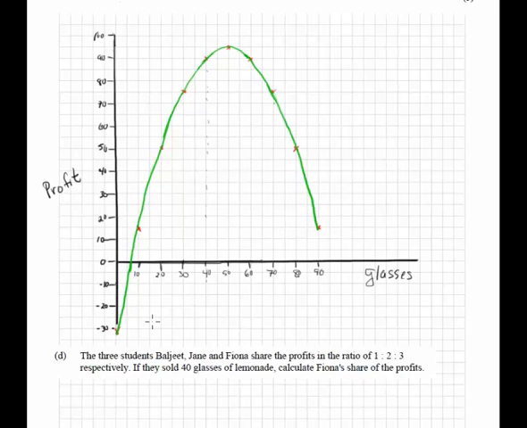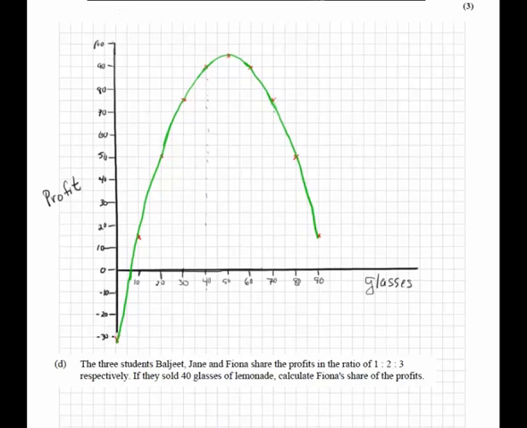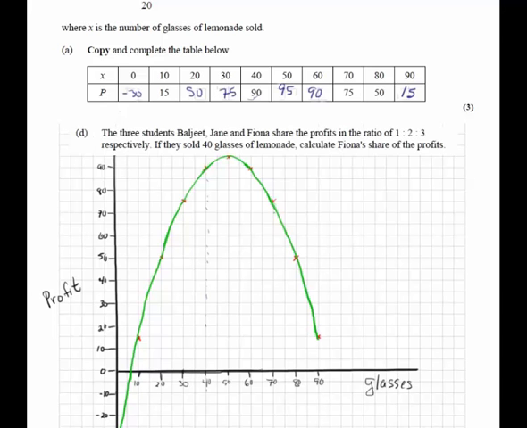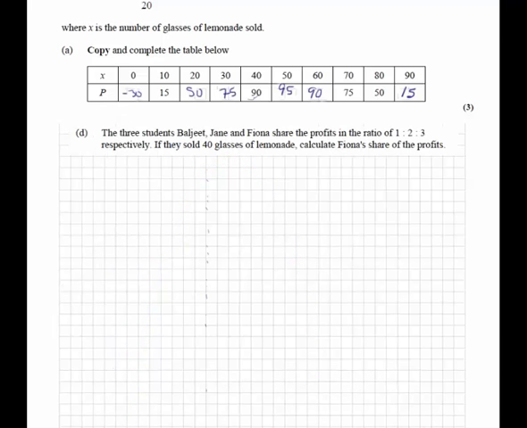Alright, now we really didn't need the graph to do that, because if we look back at our table, we see if they sell 40 glasses, then they made 90 Swiss francs profit. And question D actually doesn't have anything to do with these graphs. It's a ratio question. So what I'm going to do is sort of forget the rest of my graph and just worry about question D.